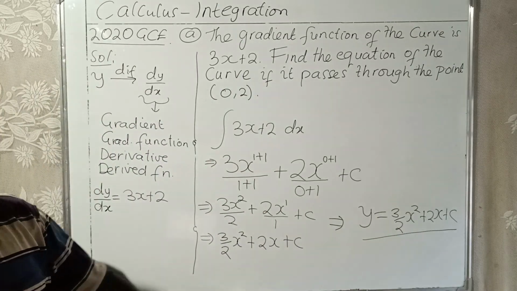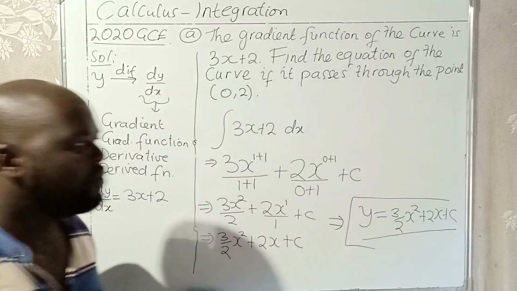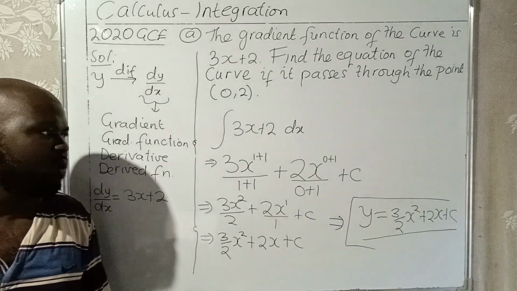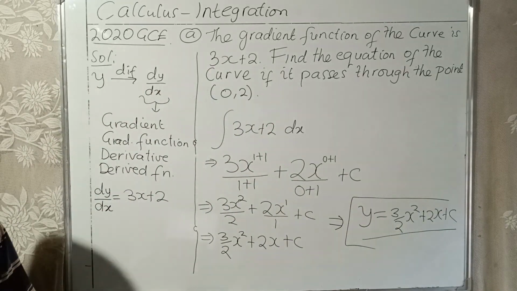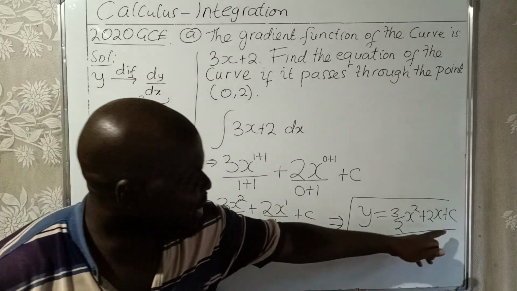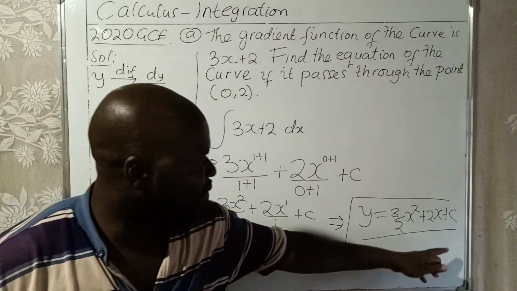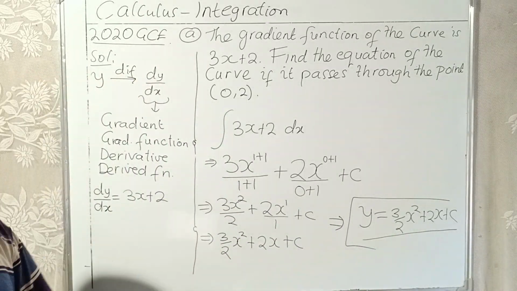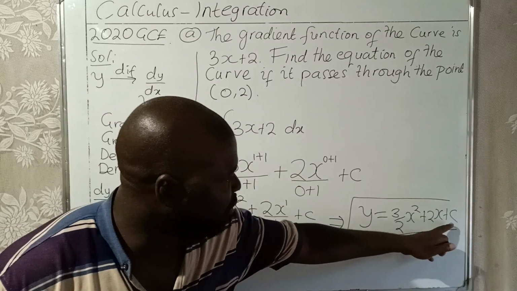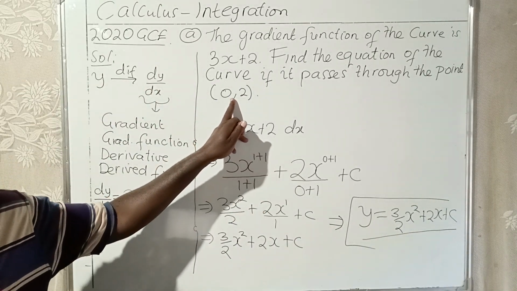Now you can see here we have c, which we call the arbitrary constant. We need to get a value for c, because our equation should have a value and not c. So we need to solve for c using the coordinate that we have.